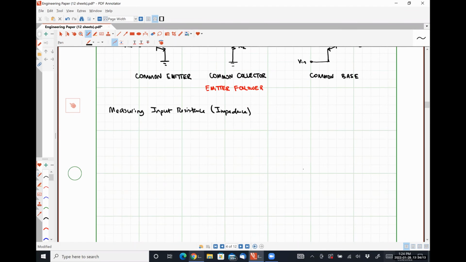So if we have a generic black box amplifier circuit, we have a pair of input terminals.